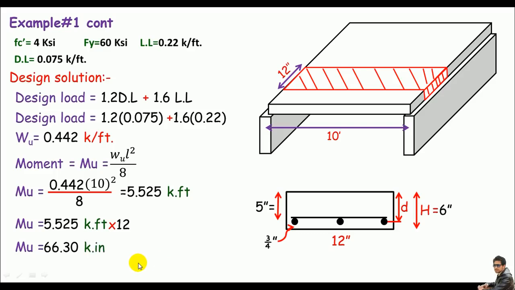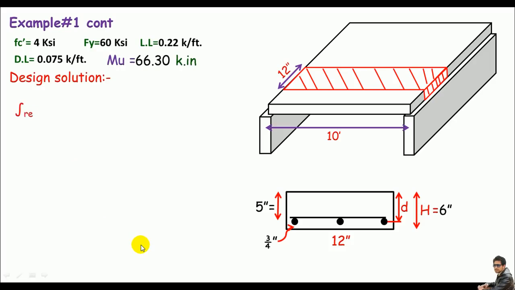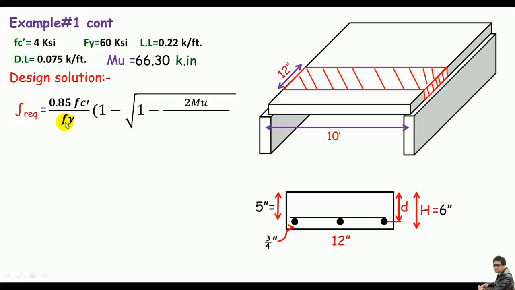Now when I have the moment, of course I can calculate the rho, which is the required reinforcement ratio. And for this I have a long expression, right? 0.85 fc prime divided by fy, times 1 minus the square root of 1 minus 2 times moment divided by 0.85 phi fc prime bd squared. It's a long expression.